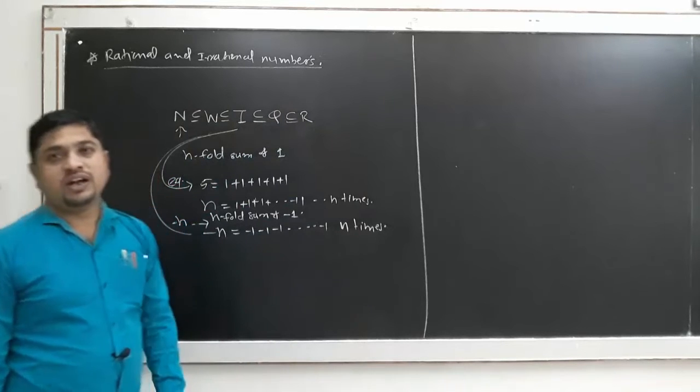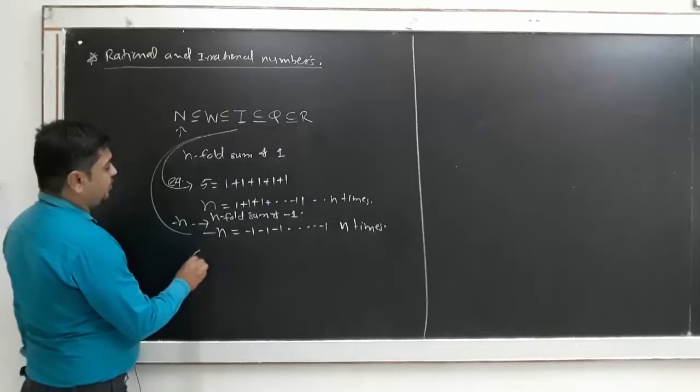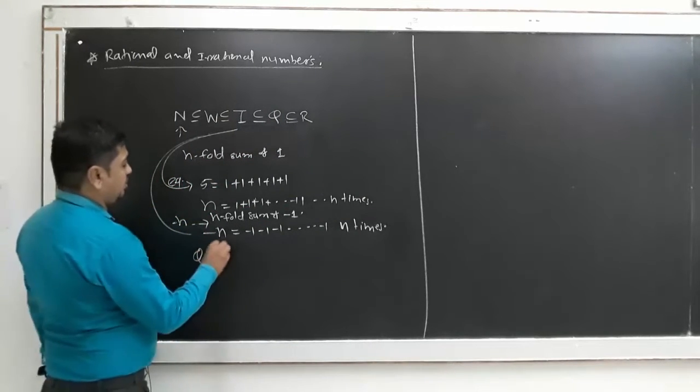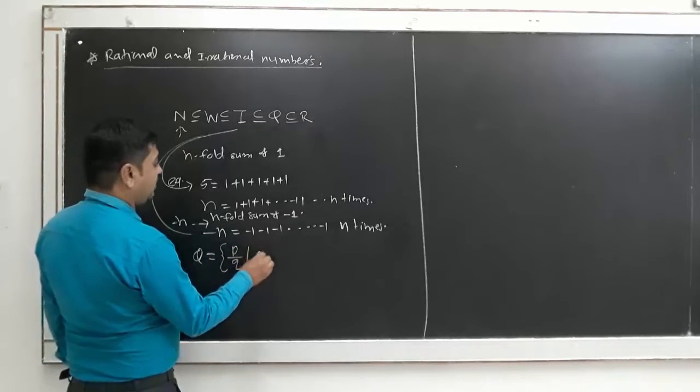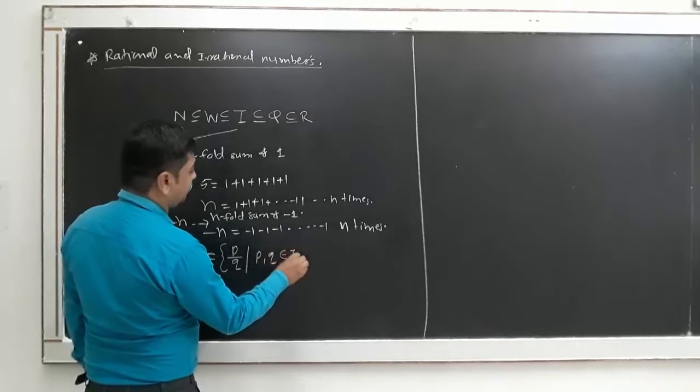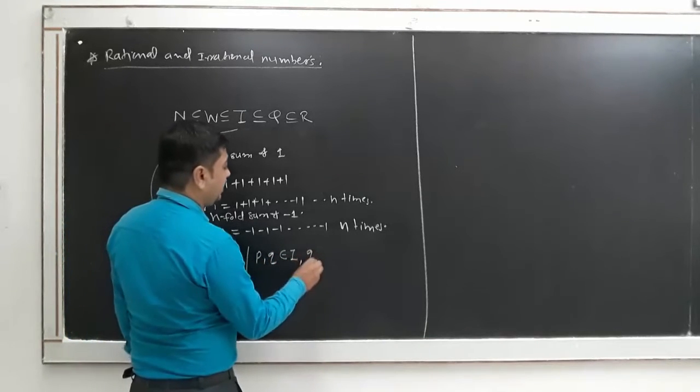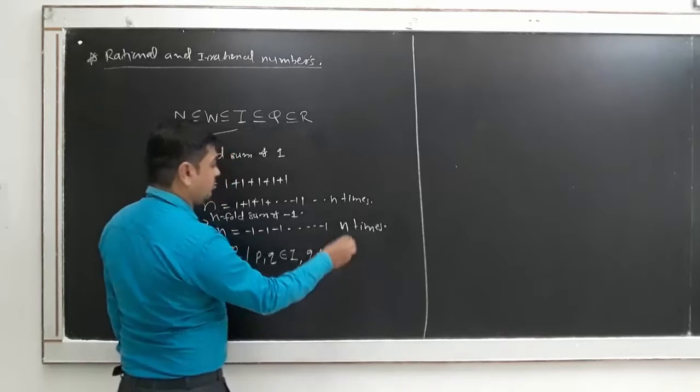Also we know Q is equal to the set of all p by q, where p and q are integers, and here the denominator q must be non-zero.